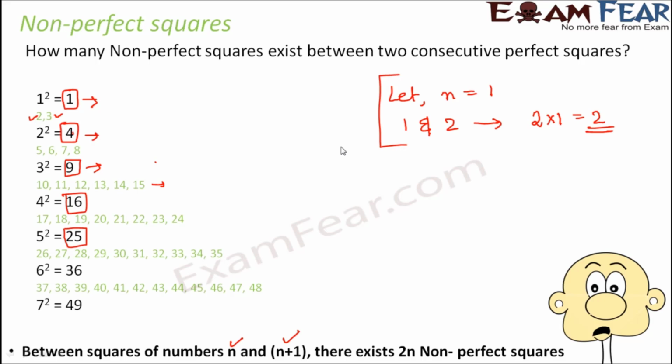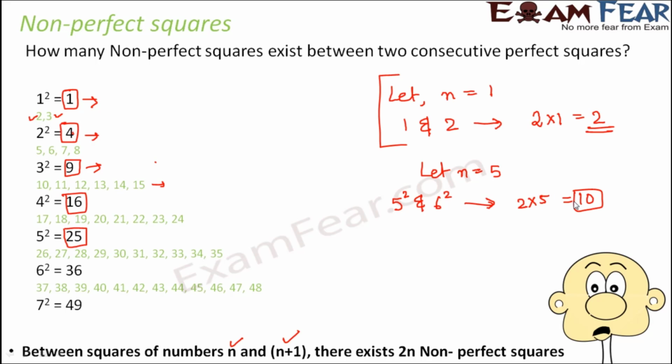Let's check the same formula for some other values. Let's say n is equal to 5. That means between the squares of numbers 5 and 6, that is between 5 square and 6 square, how many non-perfect squares exist? 2 into n, that is 2 into 5.